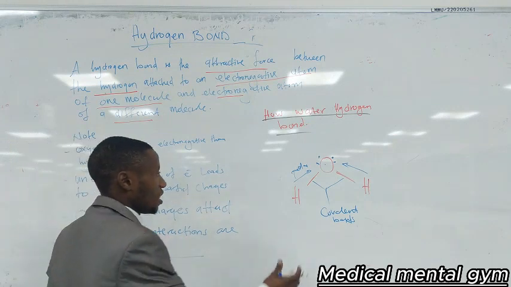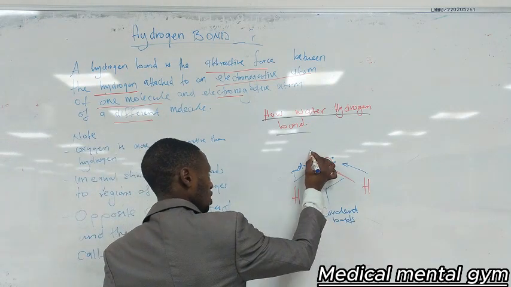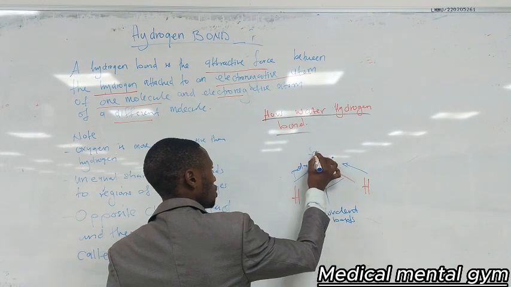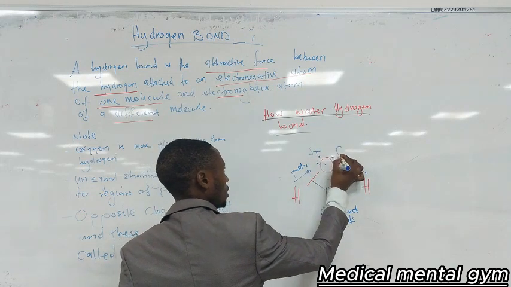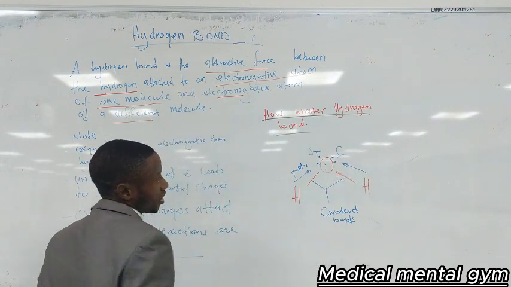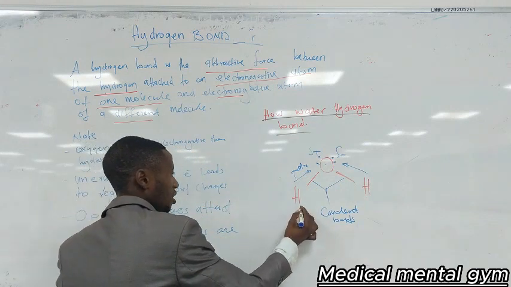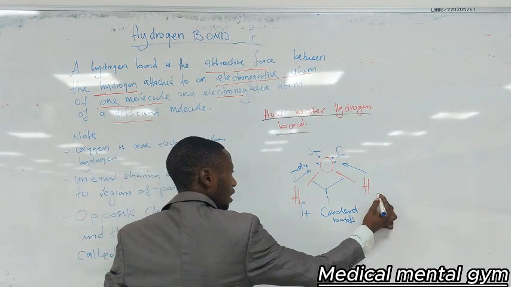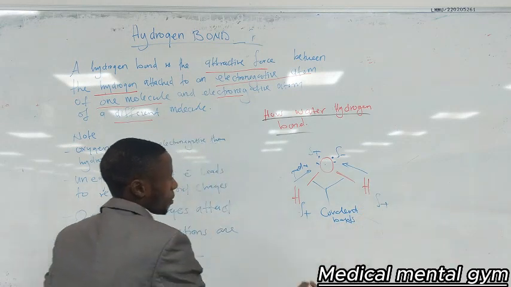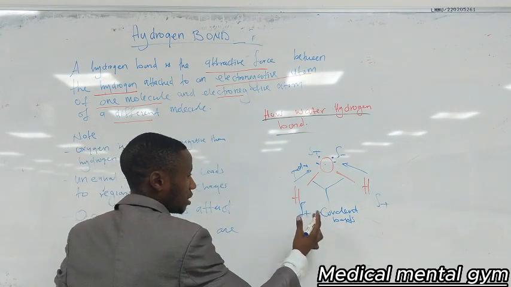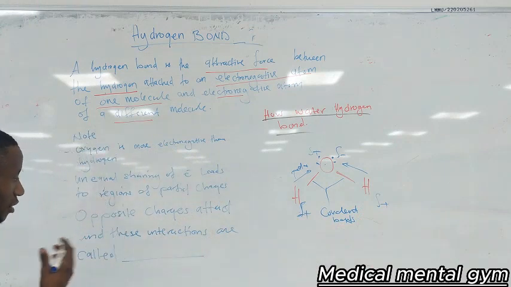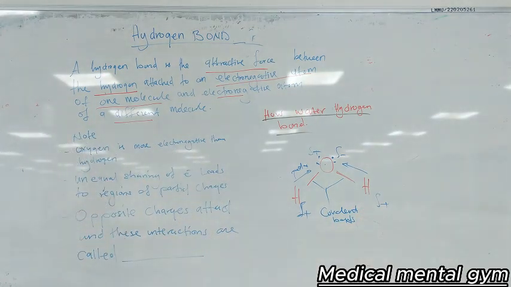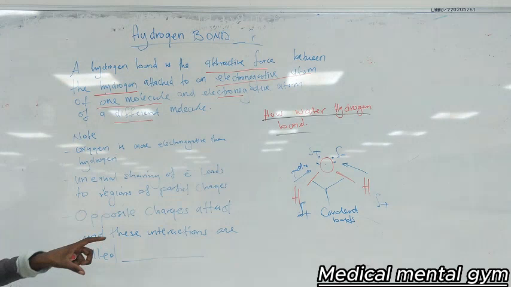When this happens, oxygen possesses a partial negative charge, and hydrogen gains a partial positive charge. This symbol simply means delta.